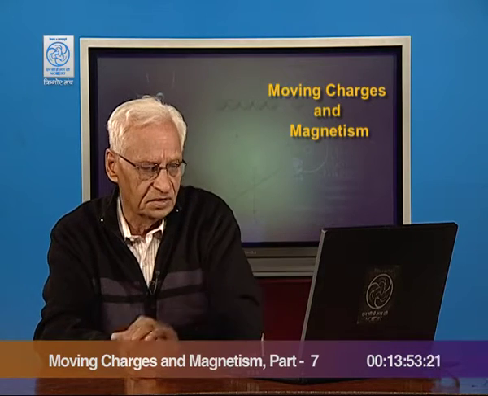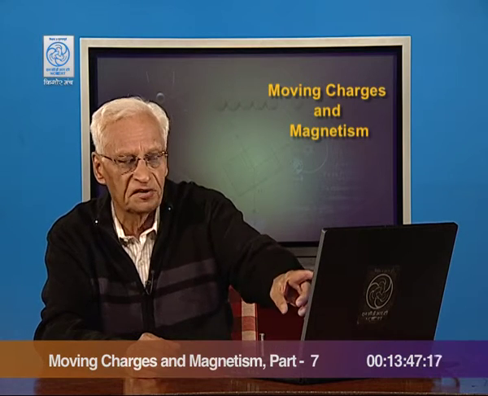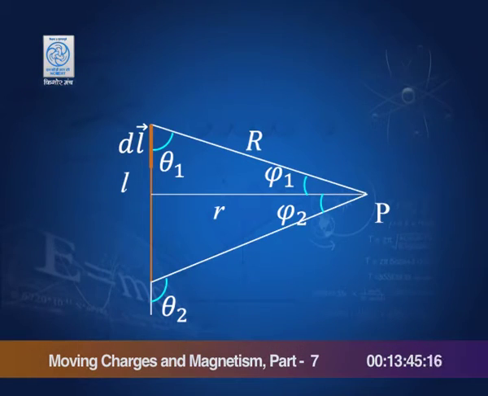Let us take another example. The magnetic field at a point P on the line perpendicular to a straight current. Let me show you the geometry. Now, we do not have from minus L to L, we have just one line wire, and this point is not necessarily the middle point. This angle is theta 1, this angle is theta 2, this is the current element, and this distance is r.